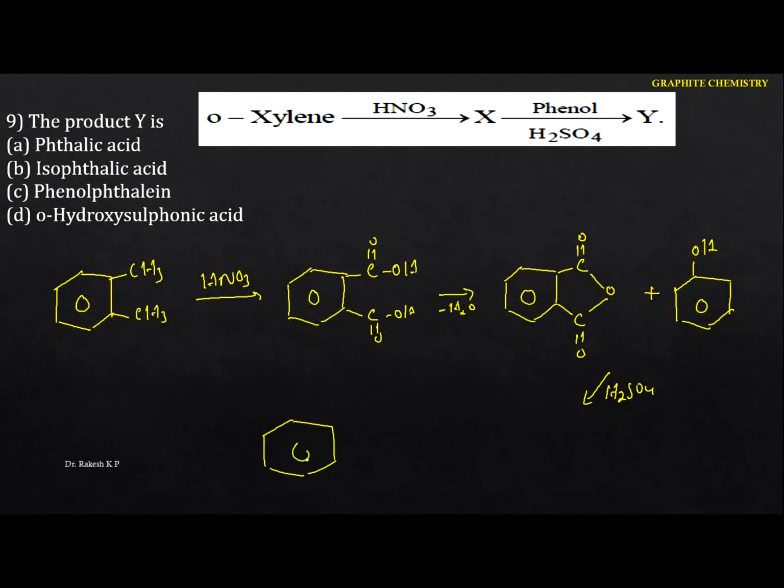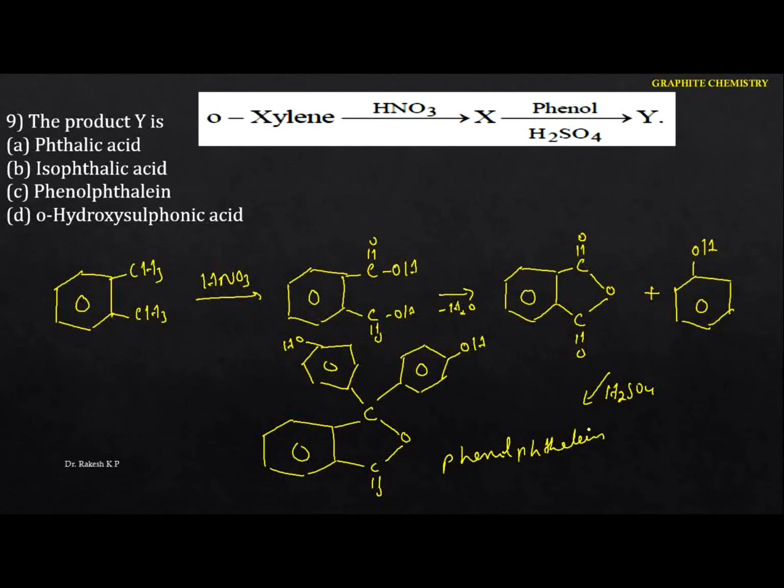This is the benzene ring, and here we are having a C, and the next thing is the benzene with one OH, and the same thing here also. So here we are going to get phenolphthalein, and the rest remains the C, C double bond O. This is an indicator, we got phenolphthalein. Hence in this case the option is C.